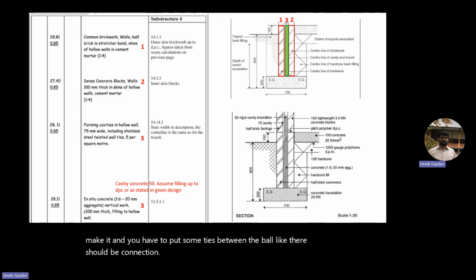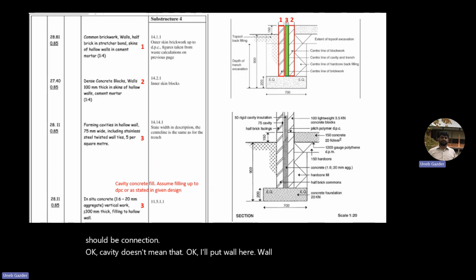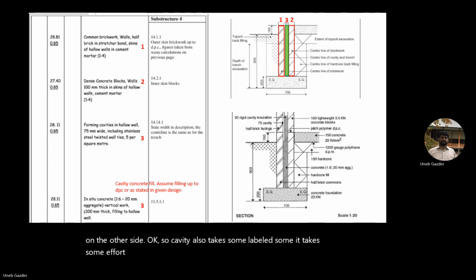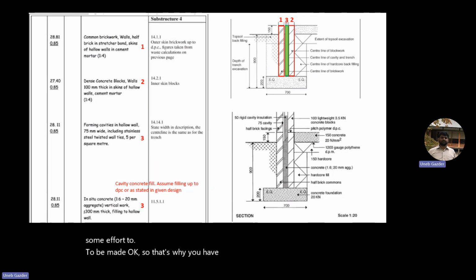Cavity doesn't mean I'll put a wall here and in between there will be space with nothing, because somebody will push it, or you put a cupboard and it falls and the wall also falls on the other side. So cavity also takes some labor, it takes some effort to be made. That's why you have the quantity of cavity as well.